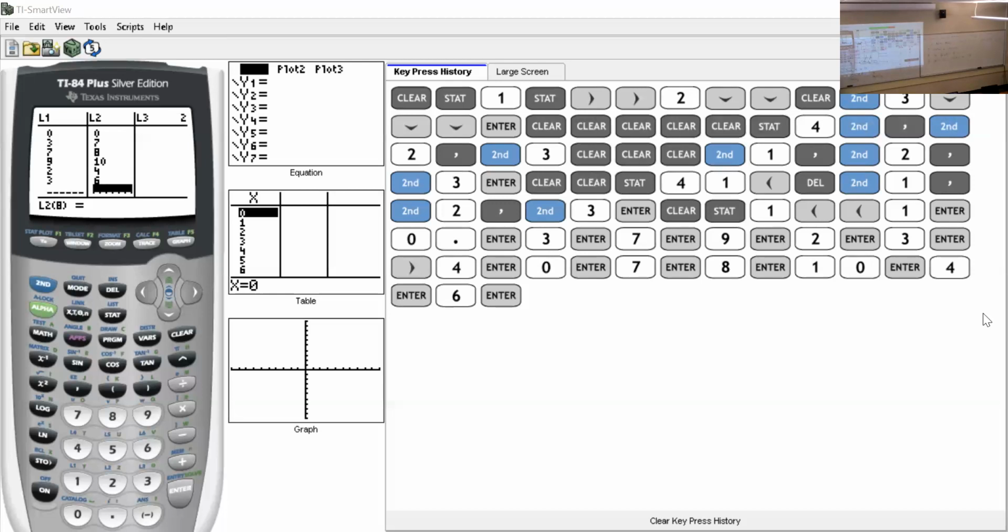There is data. I have it entered in the calculator. What I'm going to do is do it the easier way and make connections to the formula and everything. So before is in list 1, after is in list 2.